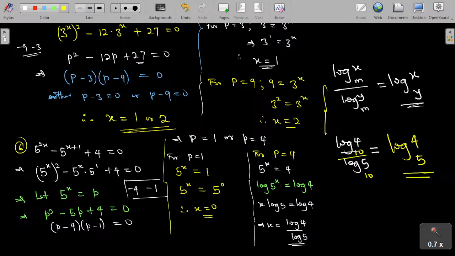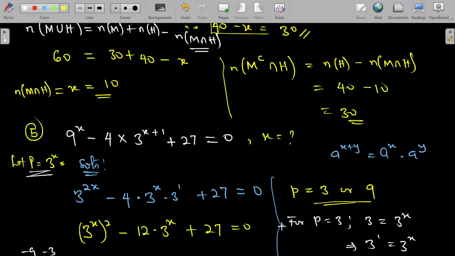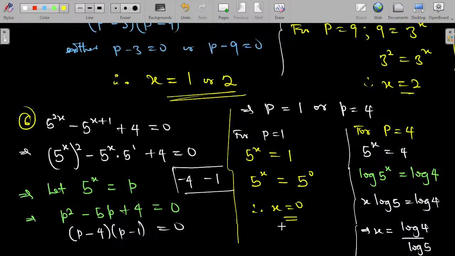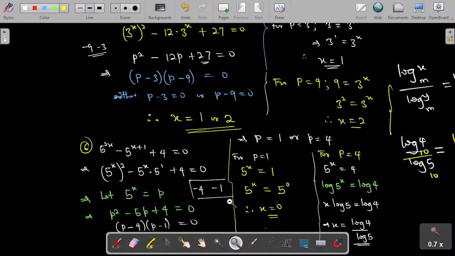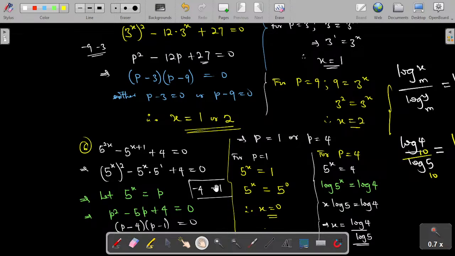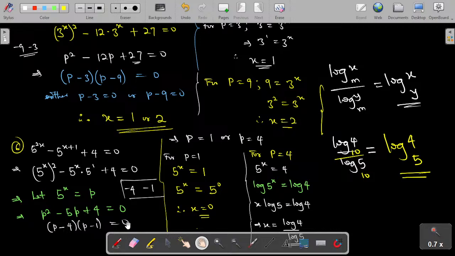So you can write this as log 4 to base 5, and you can also write it in decimal form like I said. And that is the solution for that particular number.